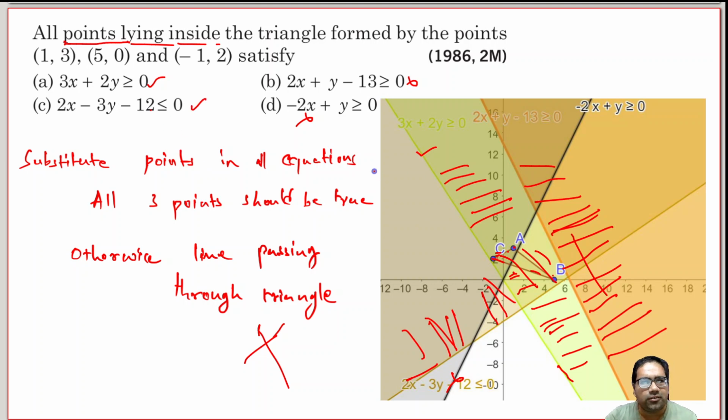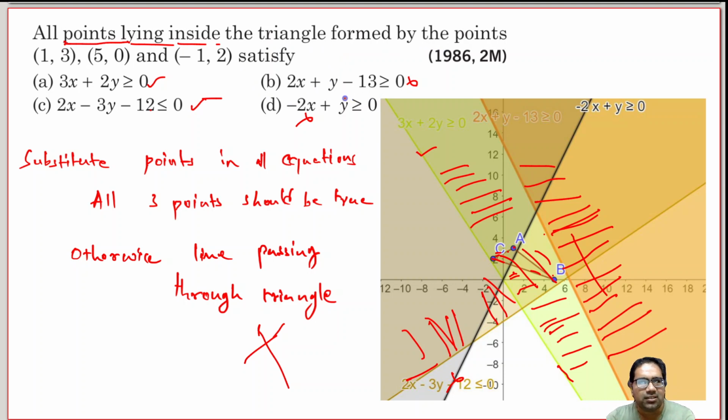Basically, two are true and two are false. If the question was about whether they are on the same side of the line, then this also would have become true, because only this line is passing through the triangle. For all the other ones, the triangle is on one side or the other side of the line. But here the question is whether all points lying inside the triangle satisfy this equation or not.